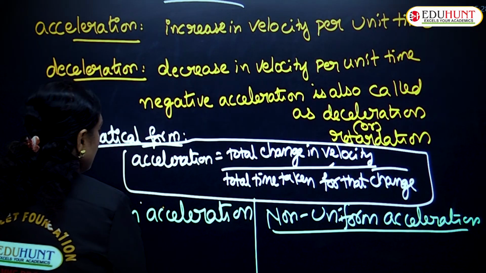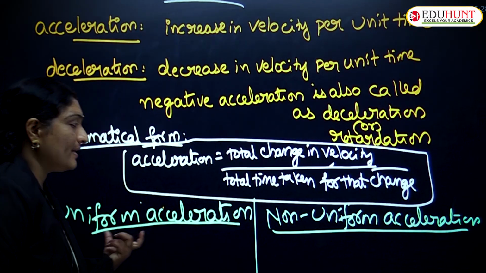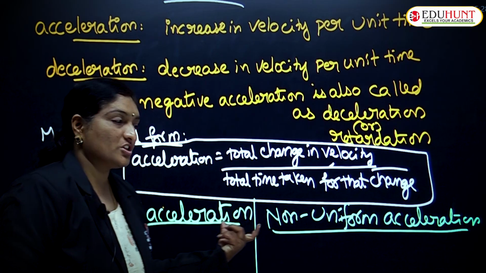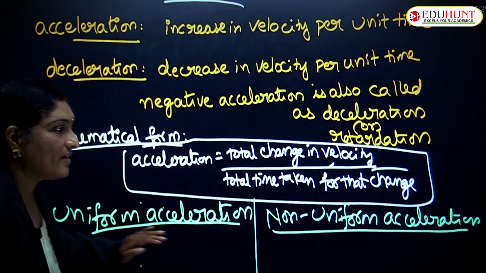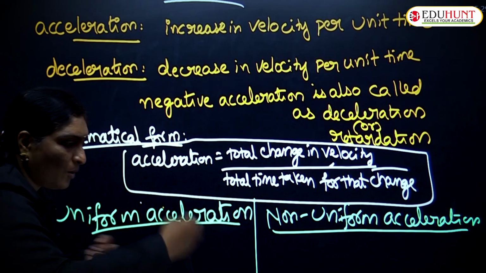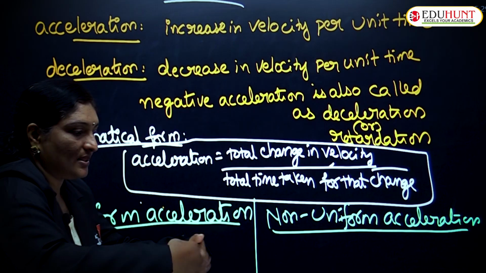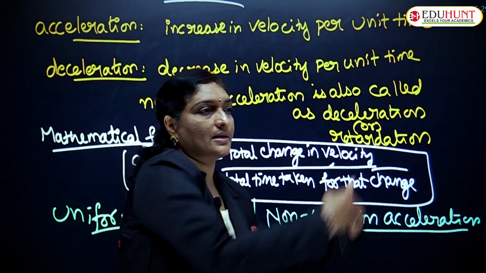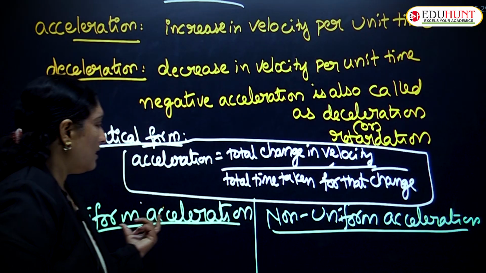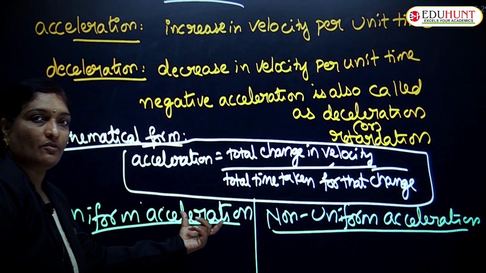If the acceleration of the body is constant throughout the motion, that is, change in velocity per unit time is always constant. Every moment, if it increases with the same ratio, 3 meter per second square, 3 meter per second square, 3 meter per second square, and so on, then it is moving with uniform acceleration.